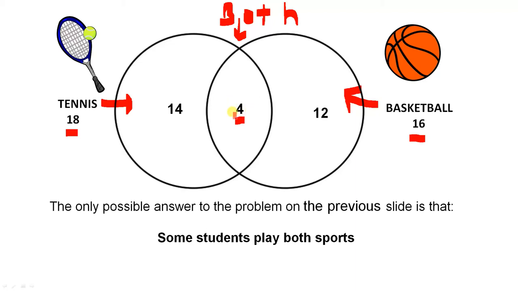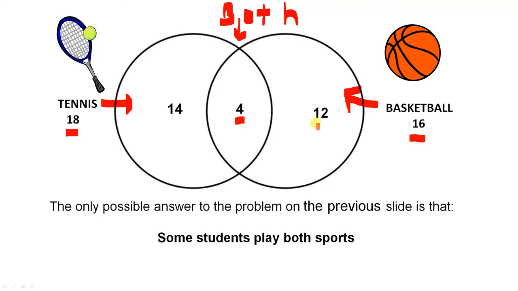So if we already have 4 students who play tennis, and altogether 18 play tennis, that means we must put 14 here. And that represents the 14 students who play tennis only, but they do not play basketball. Since we have 16 students who play basketball and we already have 4 here who play both, that means that must be 12.